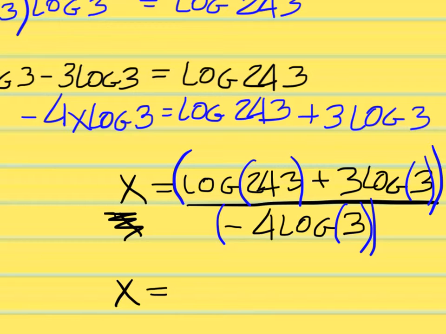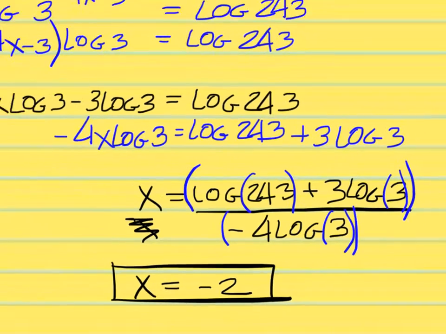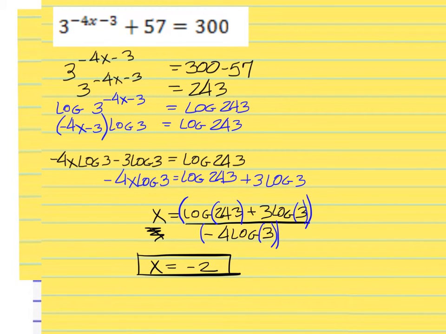Okay, so in the calculator, the quantity of log 243, and then plus 3 log 3. That quantity divided by the quantity of negative 4 log 3. And you should come back with a negative 2, which is what you would have had you recognized that this is a power of this.